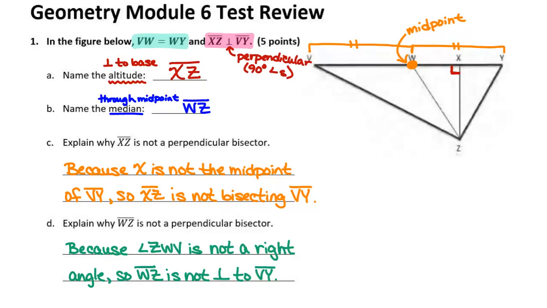There were 4 special types of segments that we talked about in this module. This is 2 of them, altitudes and medians. We talked about those at the very end. And then we talked about perpendicular bisectors. Does anybody remember the other type of special named segment we talked about in this module?